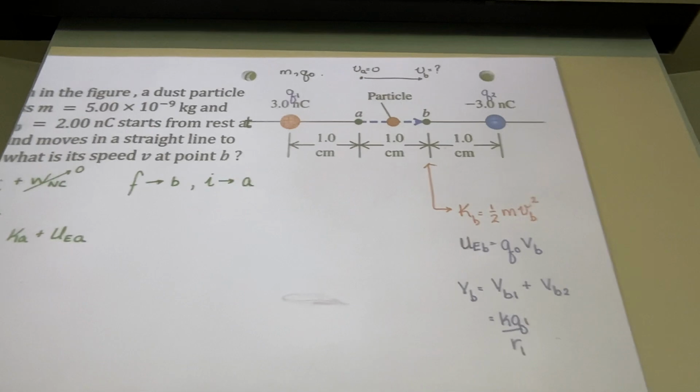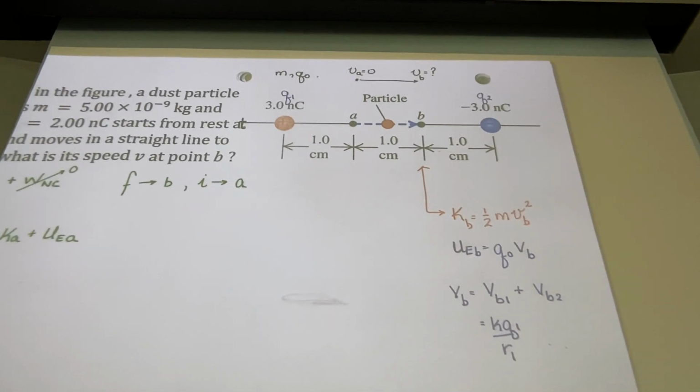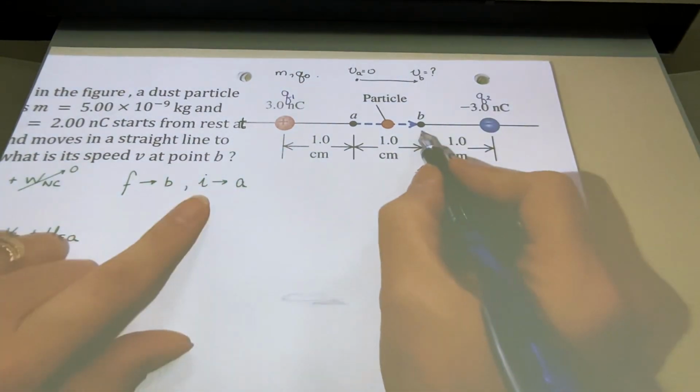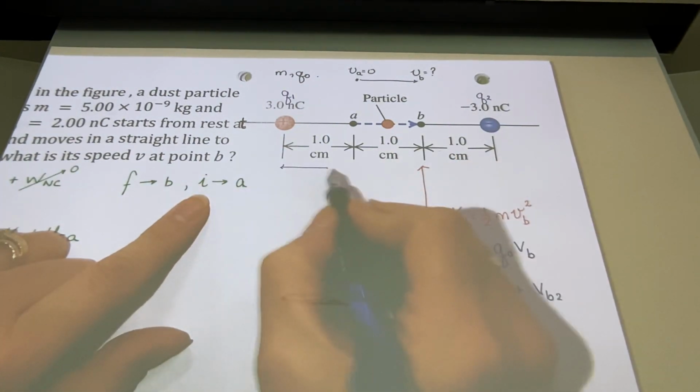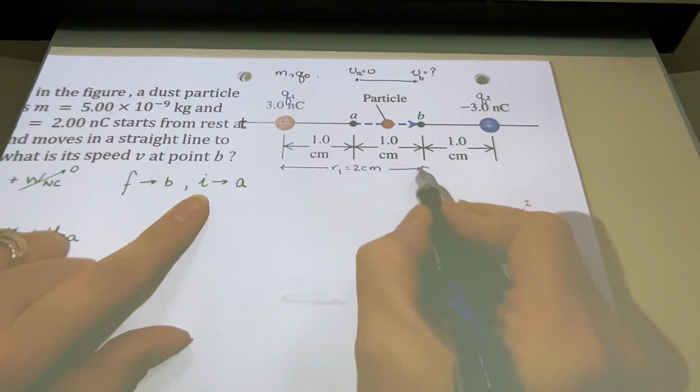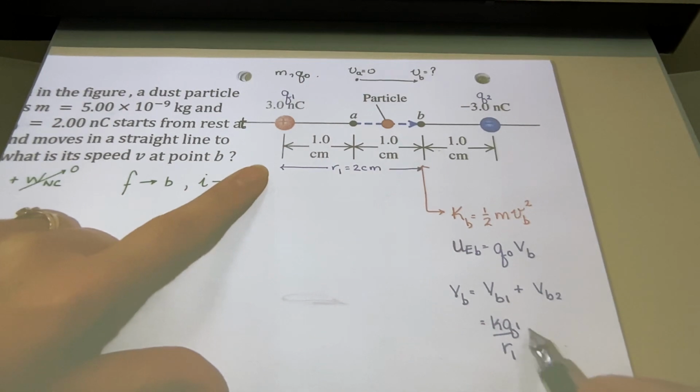As soon as I write down R1 in my equation, I should identify R1 in my picture. So R1 is the distance between where I'm trying to find the potential and my charge 1. So this is my distance R1, between charge 1 and point B.